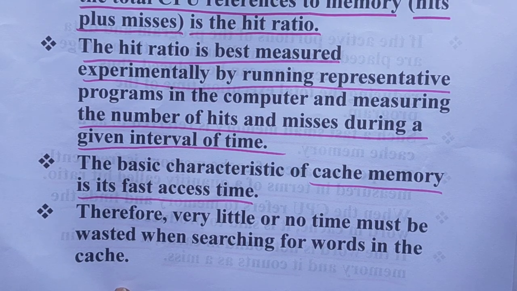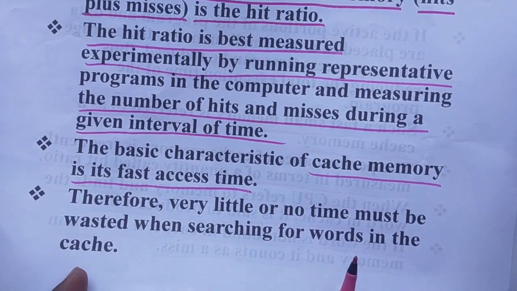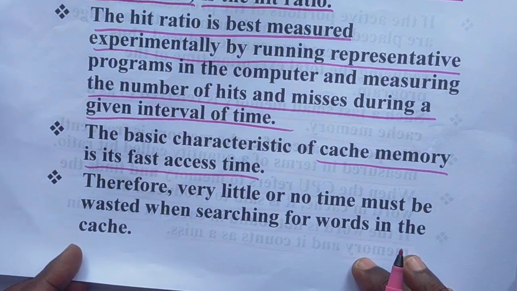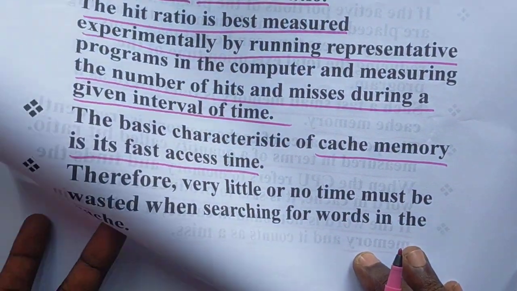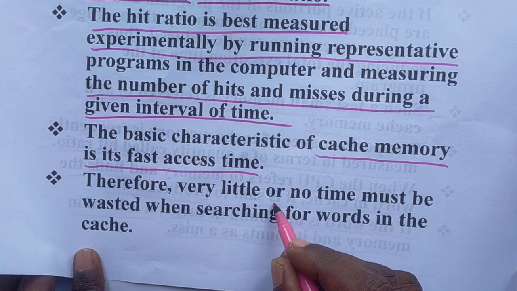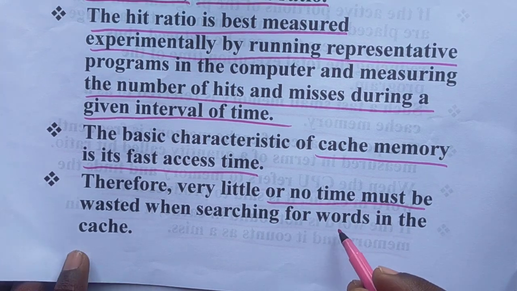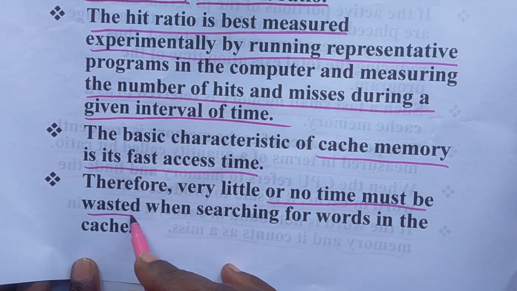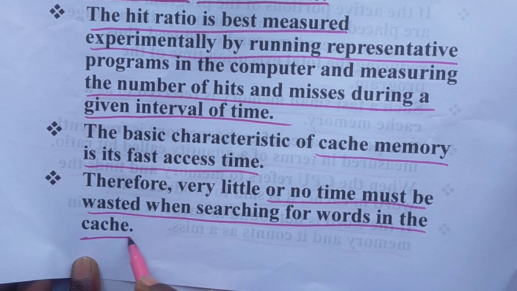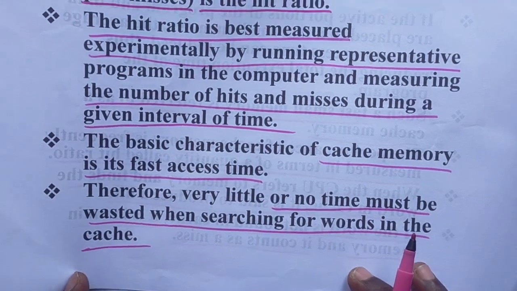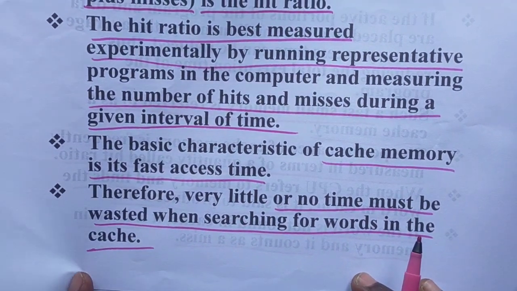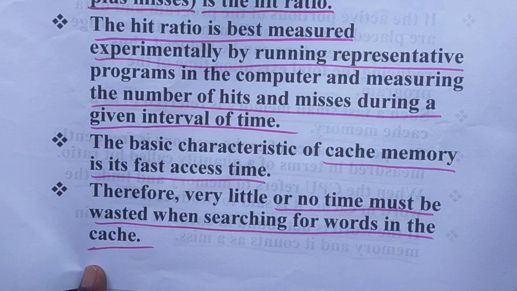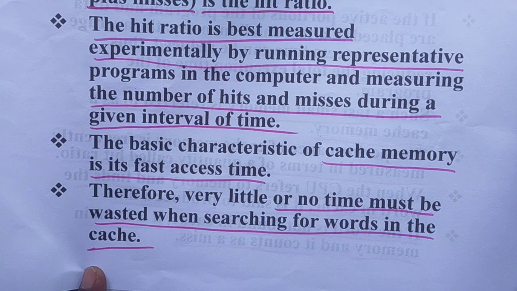Therefore, very little or no time must be wasted when searching for words in the cache. Okay, a very simple but important characteristic of cache. So for searching or accessing data, we use the cache memory like this.